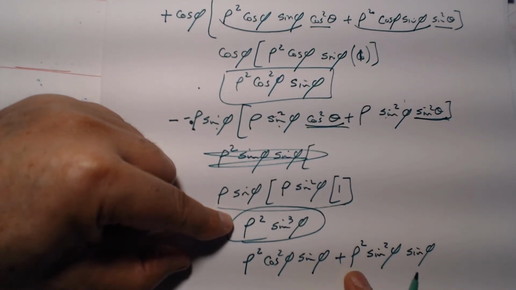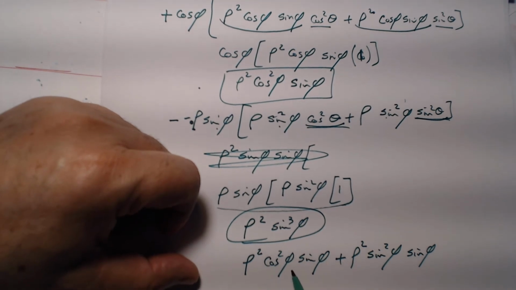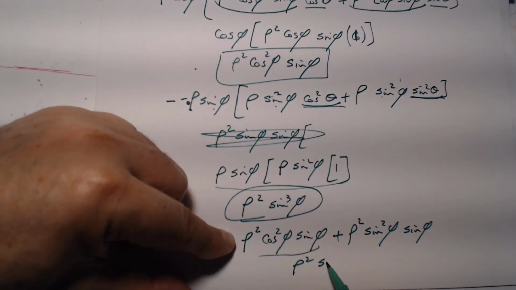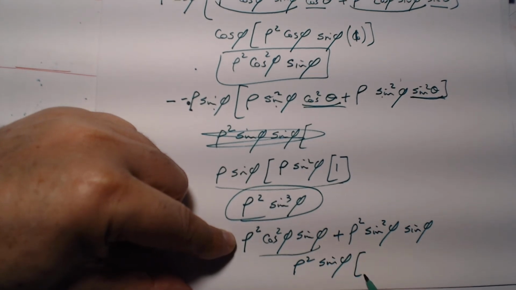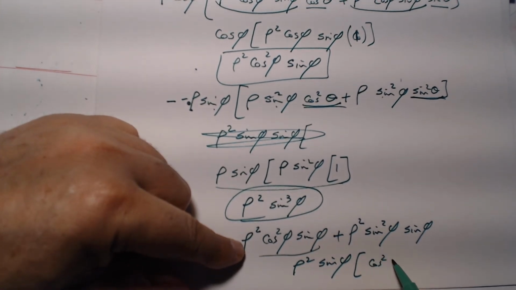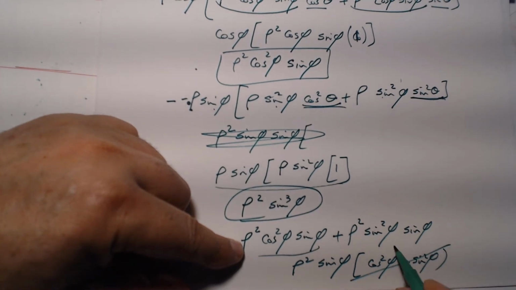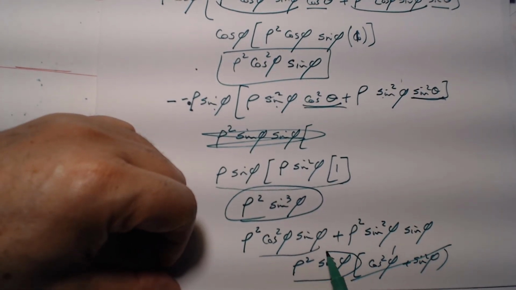I just wrote the power of 3 just like that because I want to get sine of phi as a common factor. And when I get a sine of phi, I get cosine squared of phi plus sine squared of phi, and that's 1. Do you remember that factor?